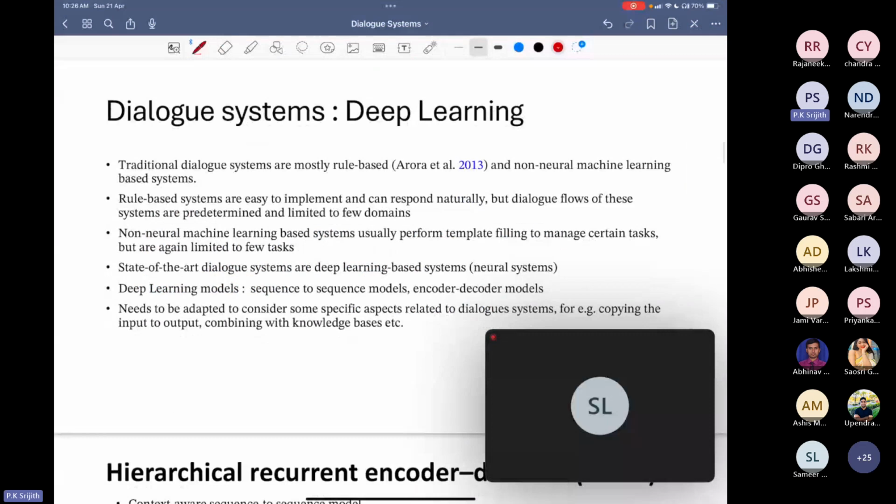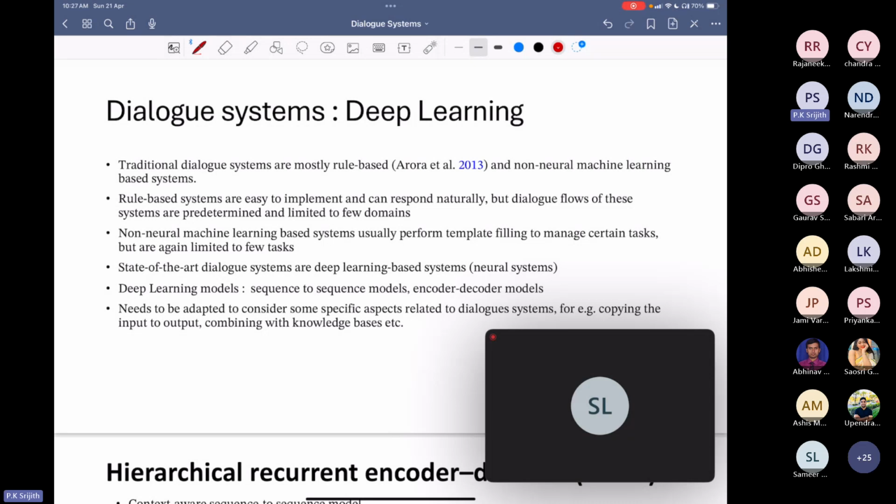As I already mentioned, if you look at the dialogue system area, at least 10, 15 years back, it was majorly based upon rule-based techniques, and some machine learning techniques, but not neural network-based techniques.